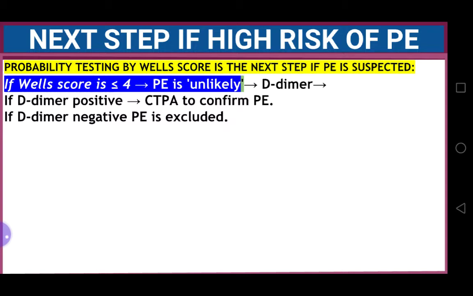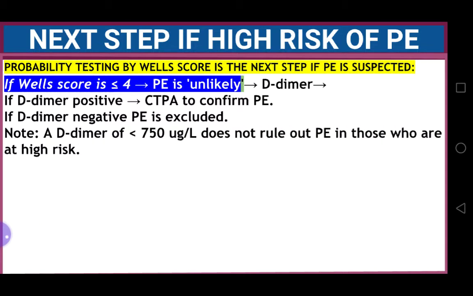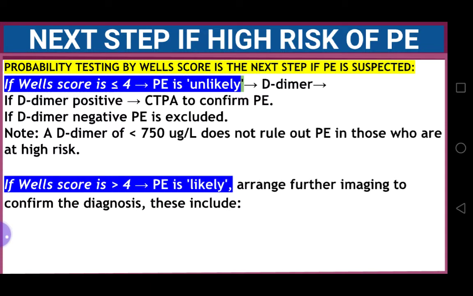Important thing to note is that a D-dimer of less than 750 microgram per liter does not rule out pulmonary embolism in those patients who are at high risk. In patients where Wells score is more than 4, pulmonary embolism is likely. So in such cases, arrange further imaging to confirm the diagnosis. And these include CTPA and VQ scan.